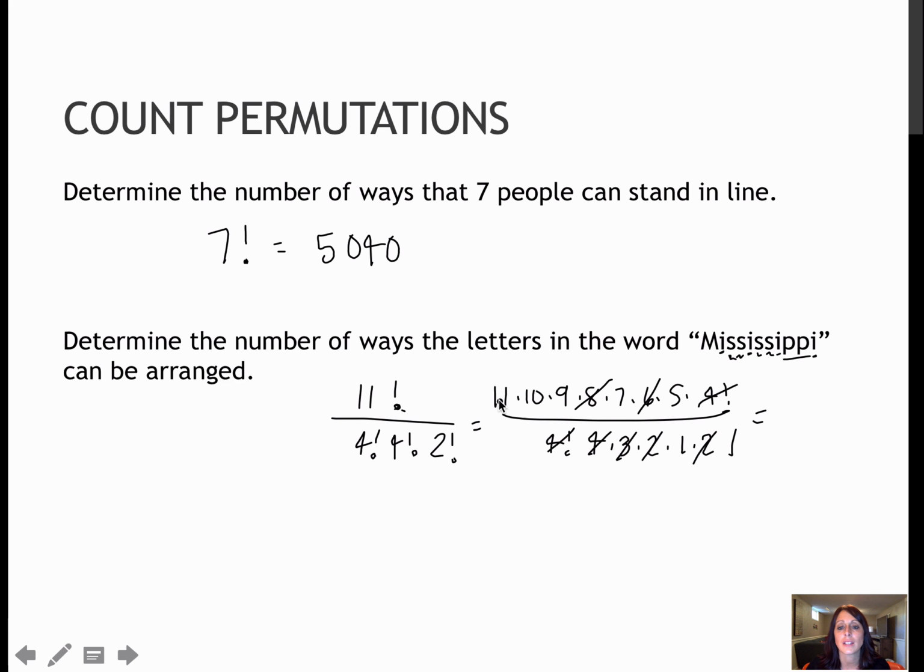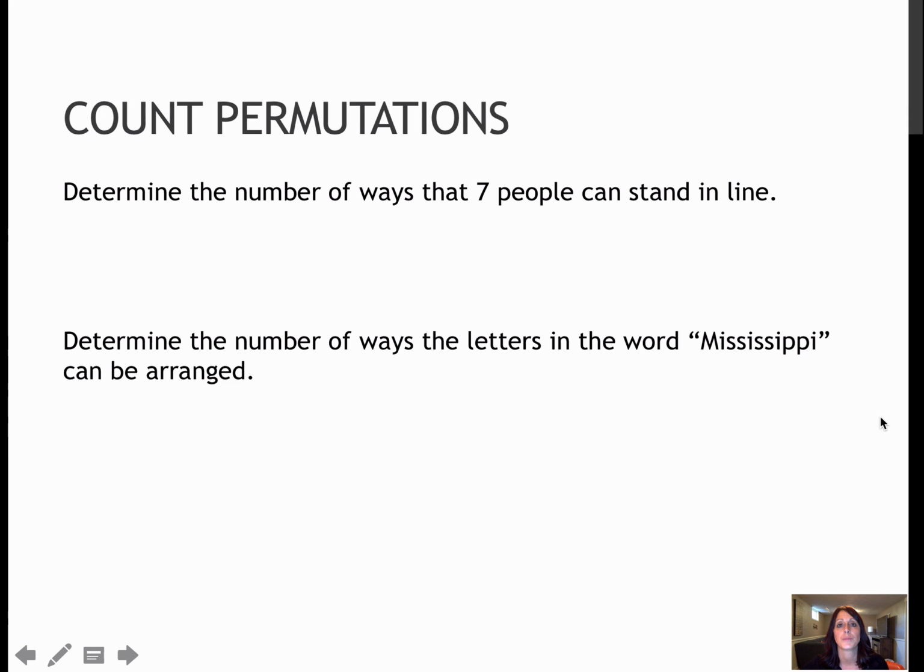And my numerator is 11 times 10 times 9 times 7 times 5, which is 34,650 different ways. It would have been far more than that, 39 million something, if all of these were different letters, but because we had so many repeats, we divided by so many things, there are only 34,650 options.